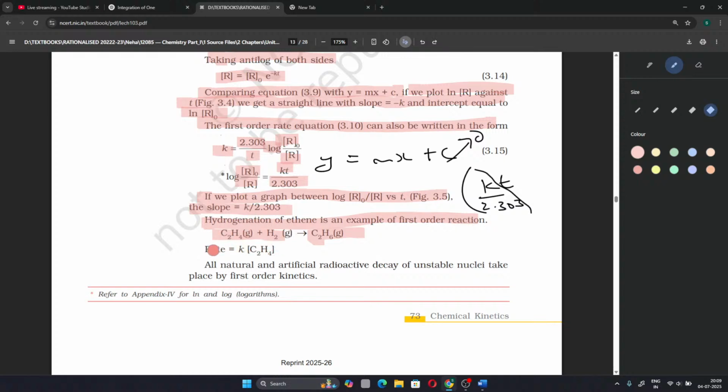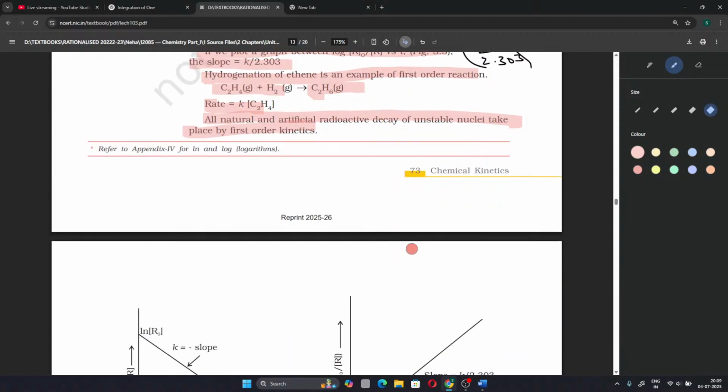All natural and artificial radioactive decay of unstable nuclei take place by first order kinetics. This is a statement to be remembered.